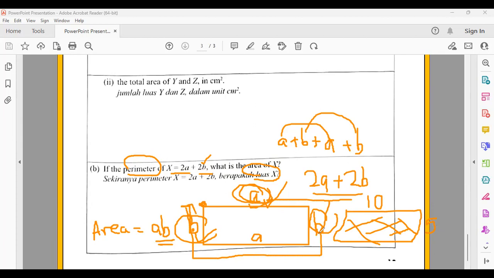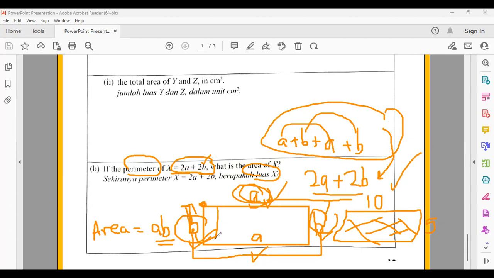So it's A plus B plus A plus B. That's how I get this. And from here, I get my formula. That's what they say, 2A plus 2B is the perimeter. So which means my side here must be just B. So area will be A times B. Do you understand now?